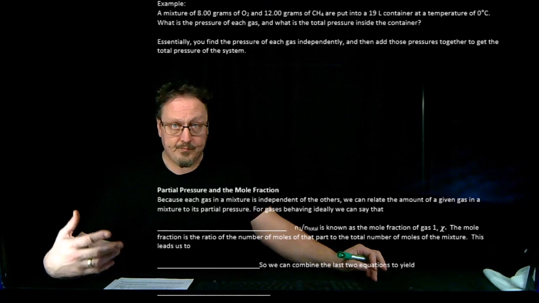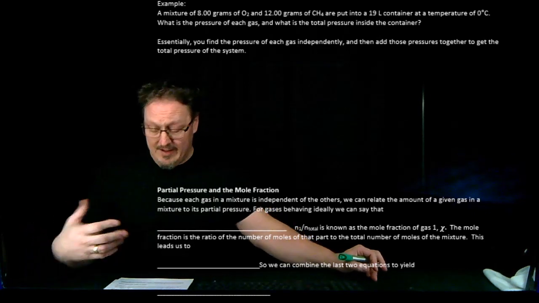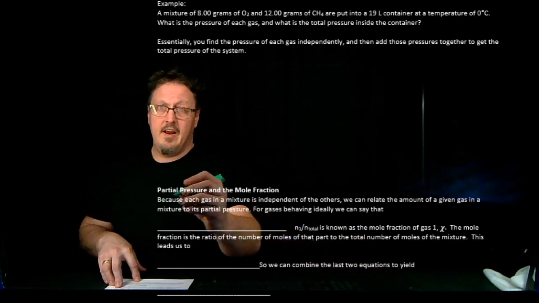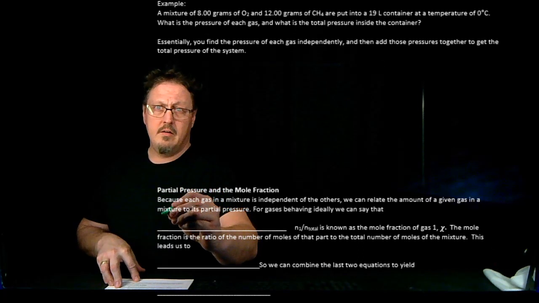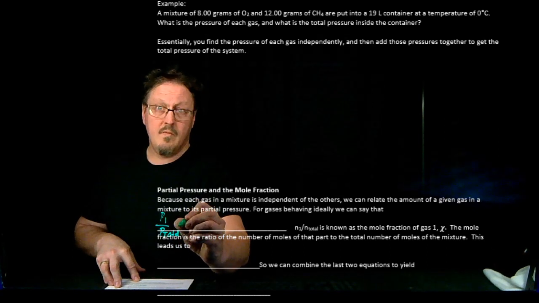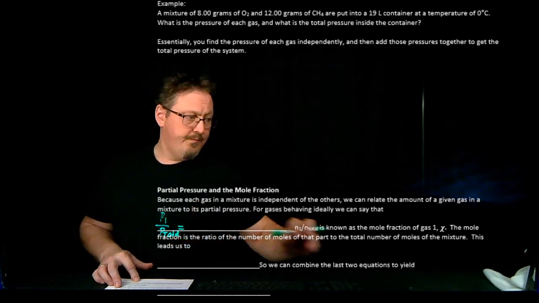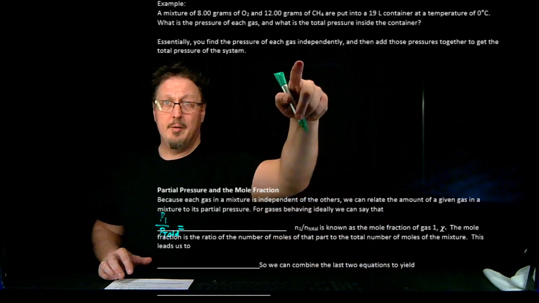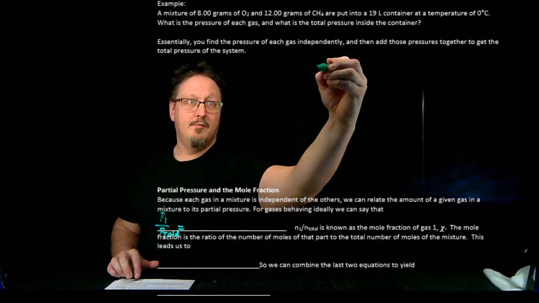For gases that are behaving ideally, we can say that the pressure 1 divided by the pressure total is going to equal, I'm going to write it up here. Sorry, that's kind of small.